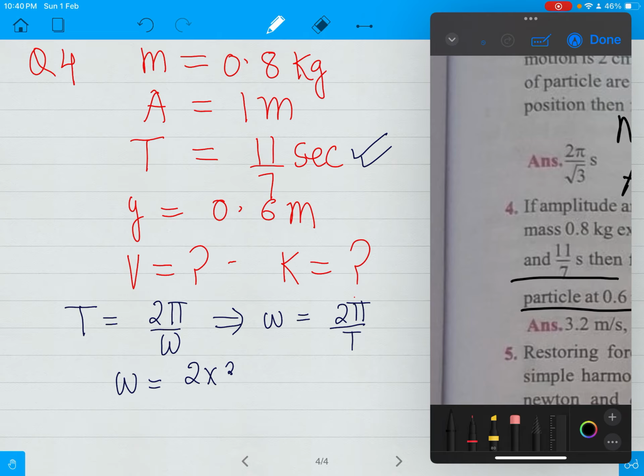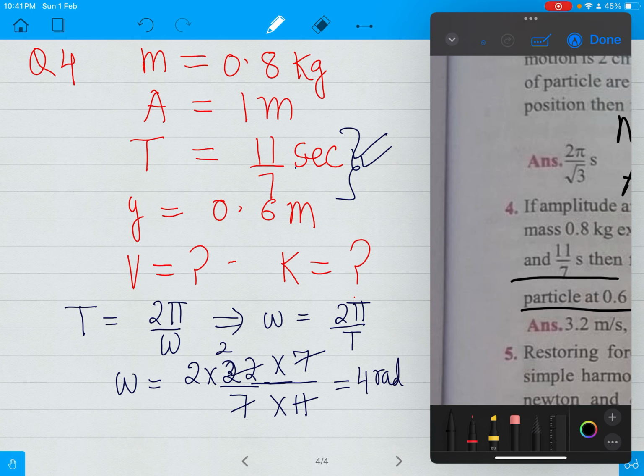It is clear. That much you can guess. So it will be 22 upon 7 divided by T, and since T is in the denominator, it will invert and multiply. Means 11 and 7 will be here. So 7 and 7 cancel. 11 twos are 22. Means it is 4 radian per second. Omega equals 4 radian per second.